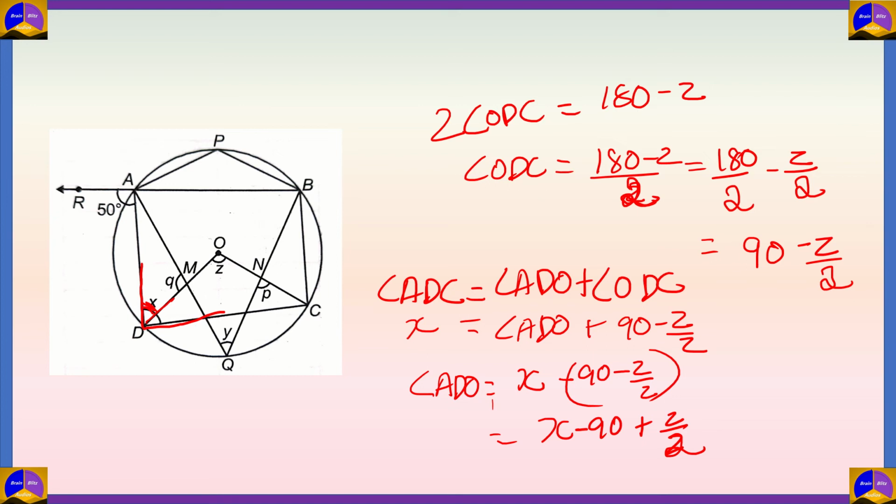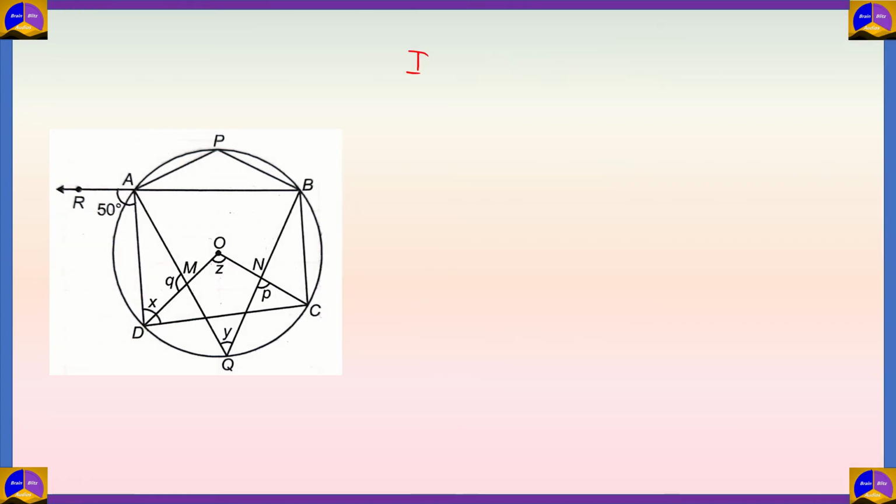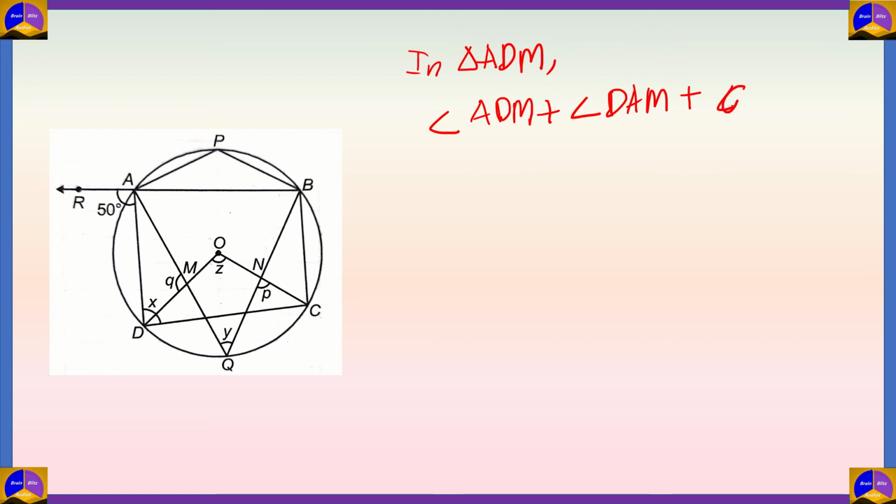Next, we can see that ADO is part of triangle ADM. So let's focus on that triangle. In triangle ADM, angle ADM plus angle DAM plus angle AMD, which is Q as marked in the figure, is equal to 180 degrees. Reason: angles of a triangle.